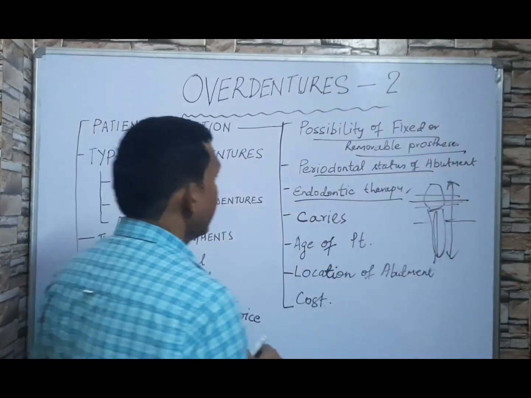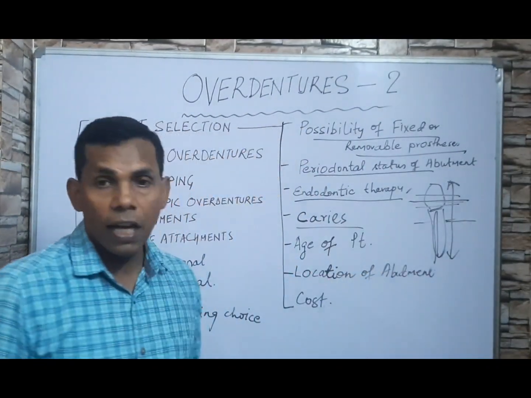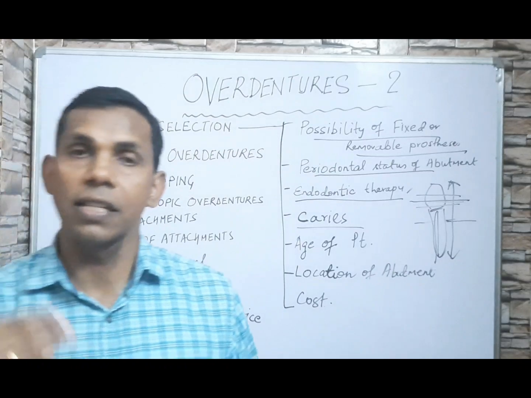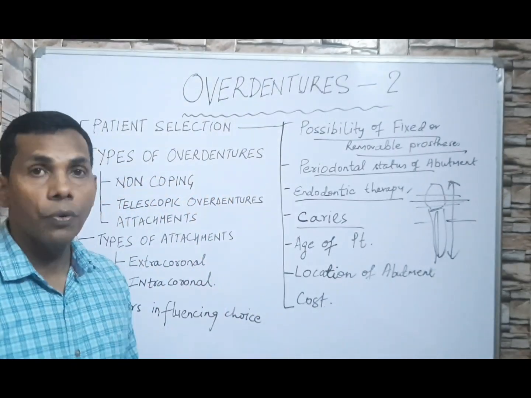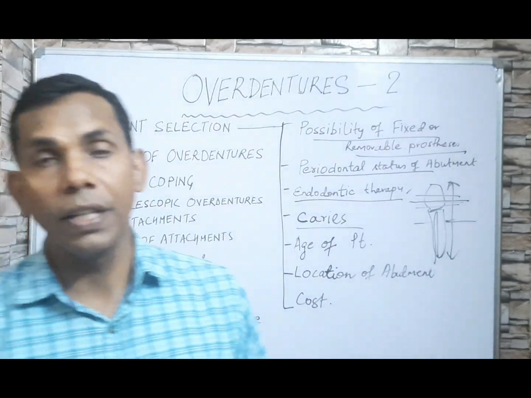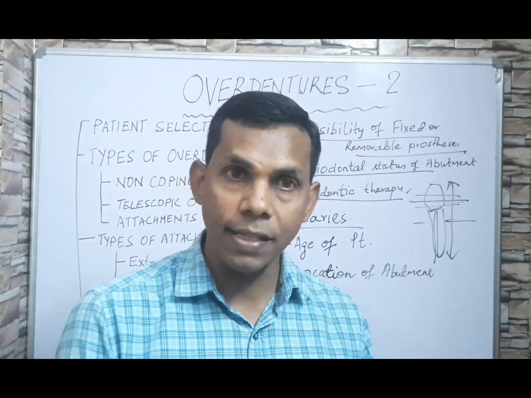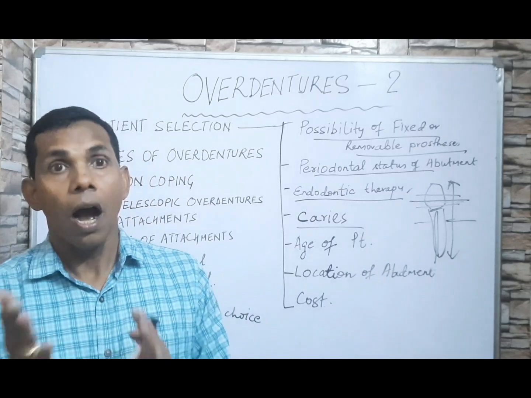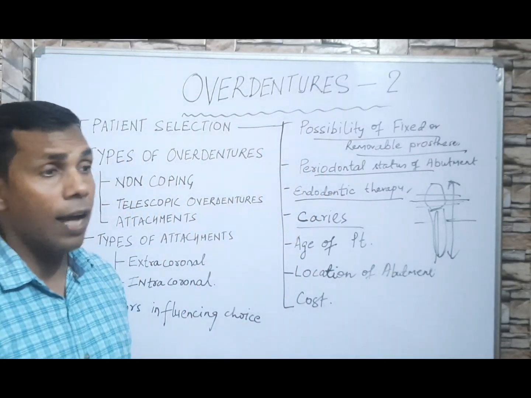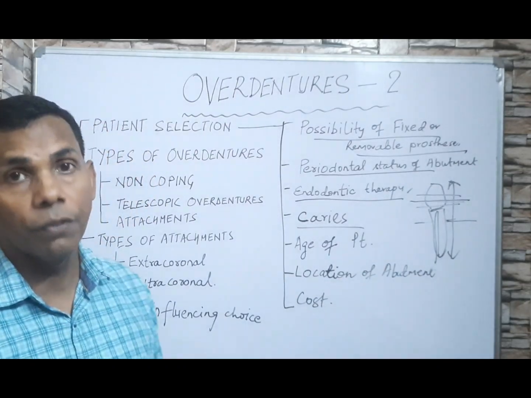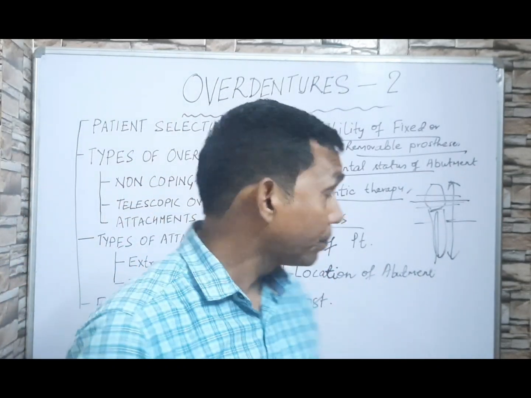Next is caries. Yes, when you are preserving natural teeth, the teeth are susceptible to caries. You have to decide whether the patient has a high caries index or low caries index. According to that, you decide what type of treatment or what type of attachment you are going to give to this kind of patient.